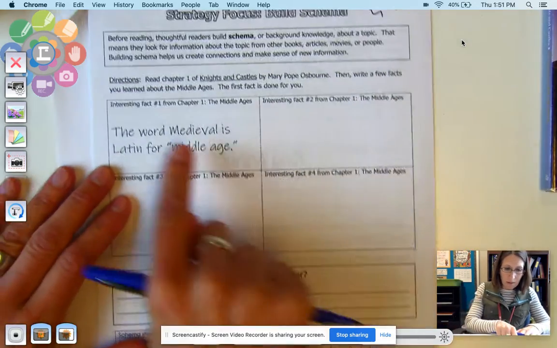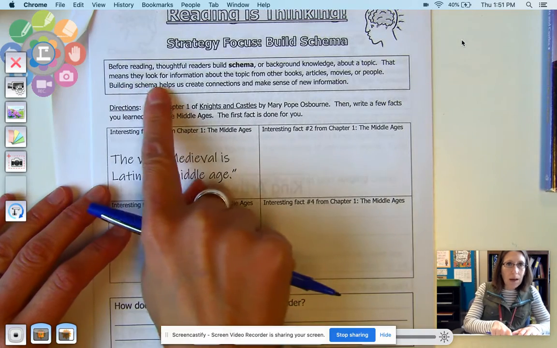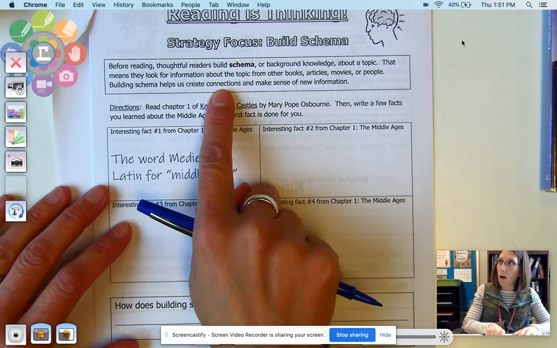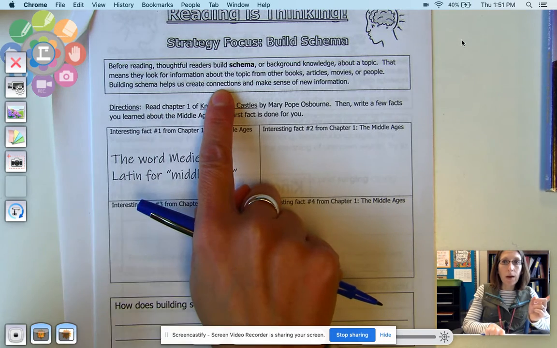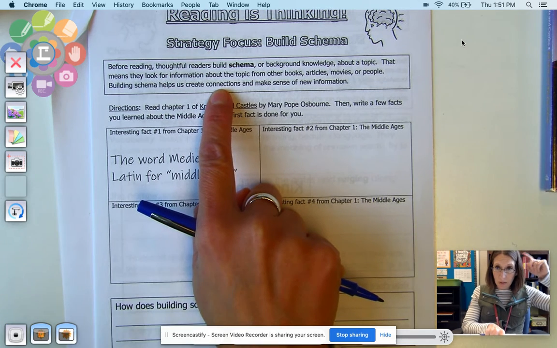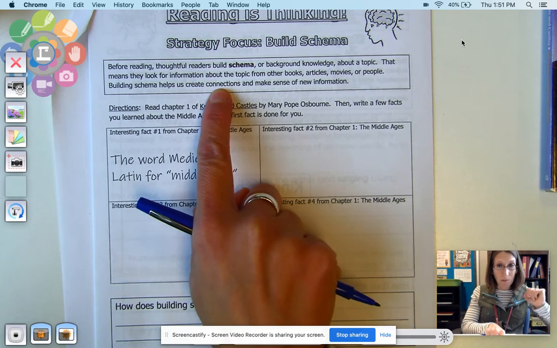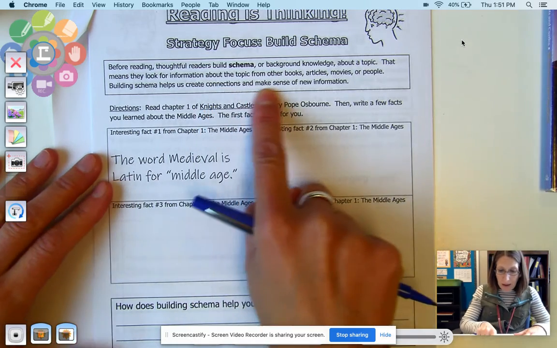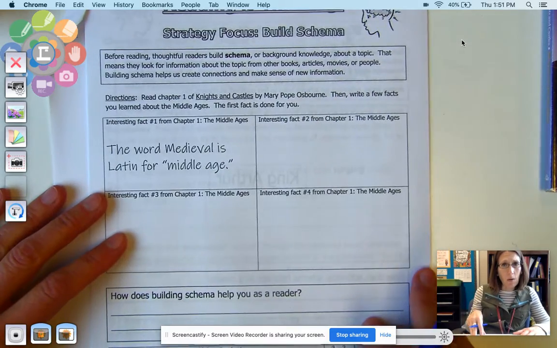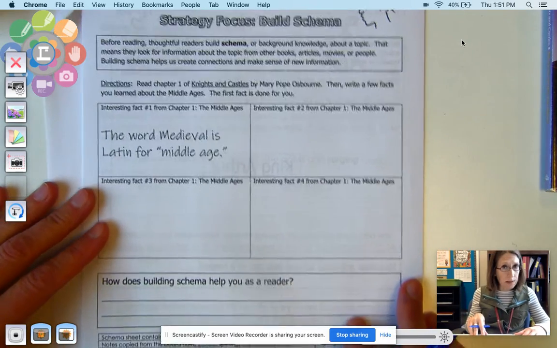And like it says here, building schema helps us create connections, like, oh, I think I read about that before, or maybe, oh, I think I understand what that's about. Making little connections in our brains between facts and information, and making sense of new information. So that is how building schema helps us.